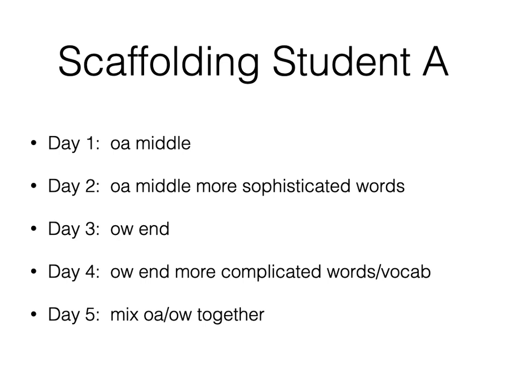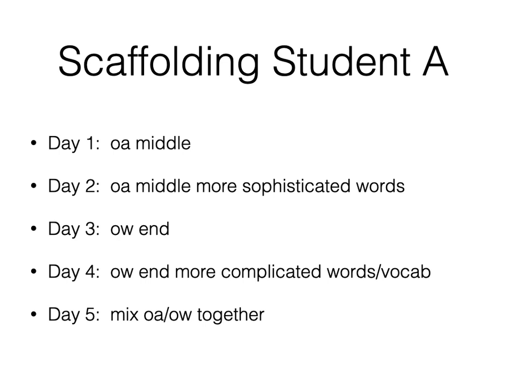Keep in mind that all students progress at a different pace, so if you have student A who progresses a little bit more slowly, you may have to spread this rule out over the course of 5 days. So for example, day 1, maybe your introduction of OA comes in the middle, but day 2, you may work in more sophisticated words, maybe words that have OA at the beginning.